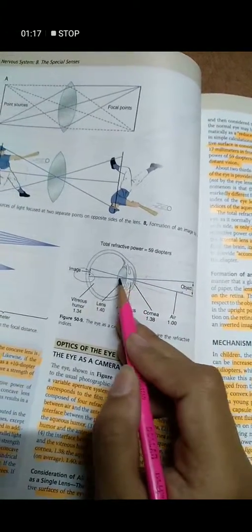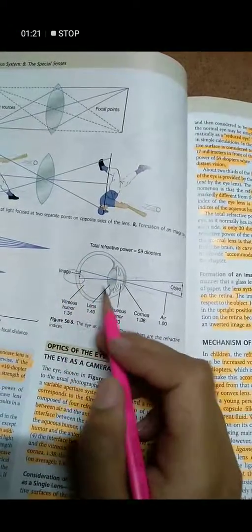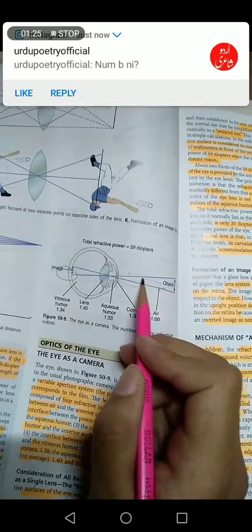Now, there are four different layers the light has to pass through to reach the fovea of the retina. First, the object gives off its rays. Those rays first pass through the air and the anterior surface of the cornea, so they pass between these two.